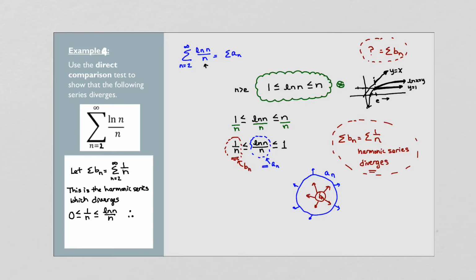And therefore, because that harmonic series diverges, we have that our original series n equals 2 to infinity of the natural log of n over n also diverges. And it does so because of the direct comparison test.